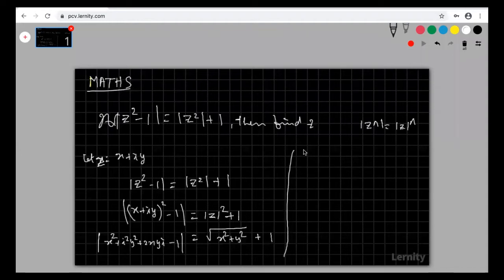Okay, so now look at that. What are the real parts of the left hand side? This is my real part, and this is my imaginary part. My i square is minus 1. So this is x square minus y square minus 1, plus 2xyi, modulus. And my right hand side is root of x square plus y square plus 1.